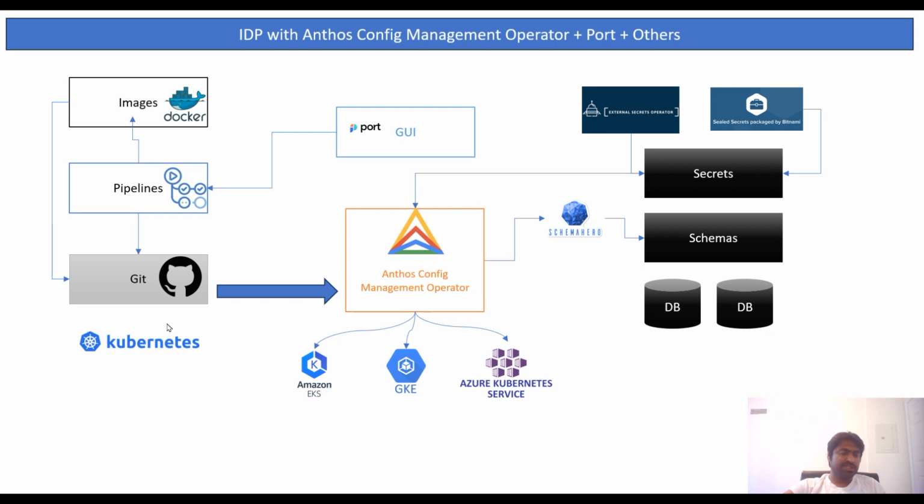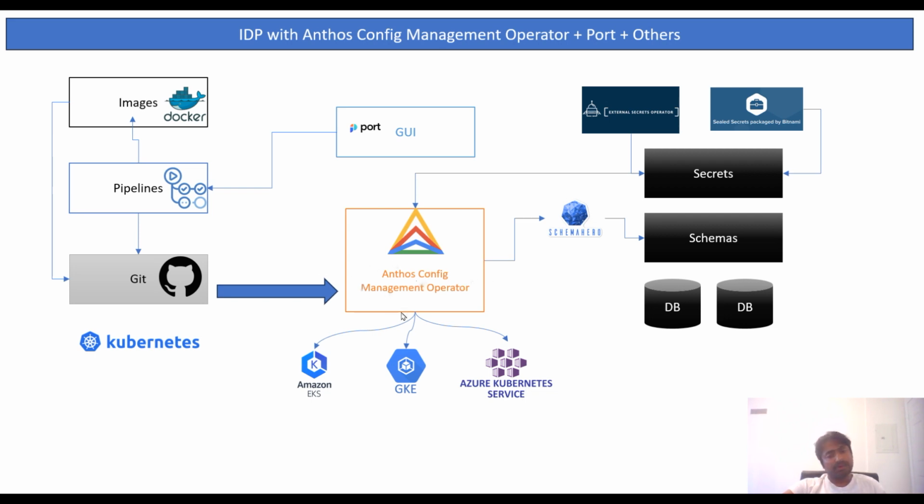Any change happening in the Git repo will be sensed by the Anthos config management operator, pulled, and applied to all the clusters managed by Anthos. That is the concept behind Anthos config management operator as a GitOps tool.